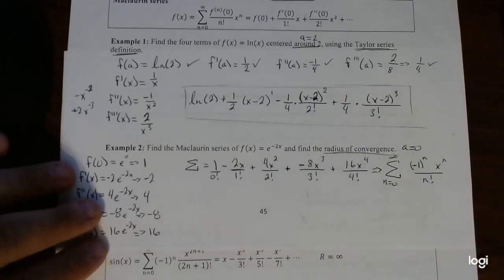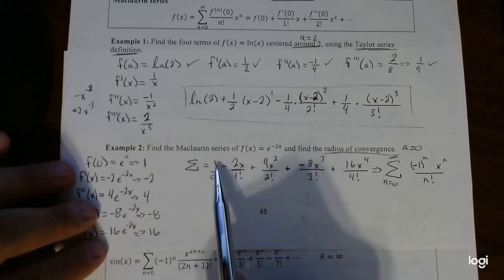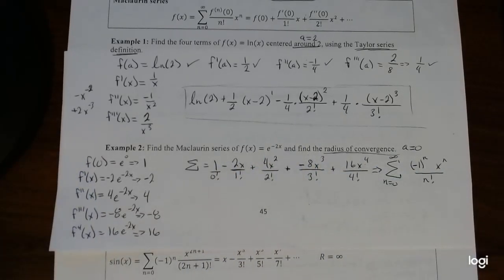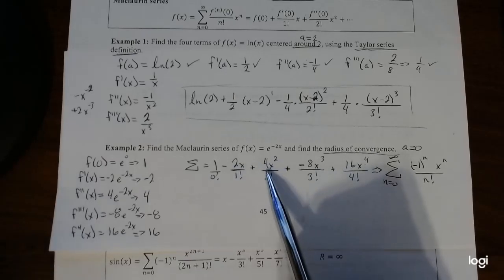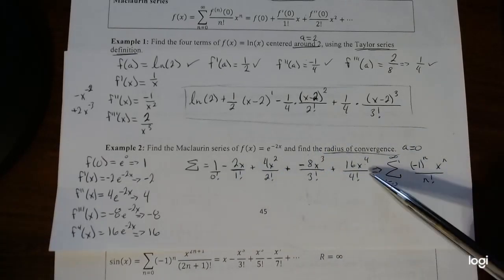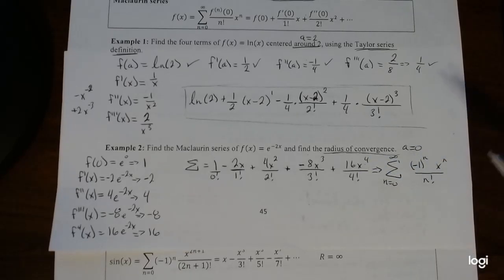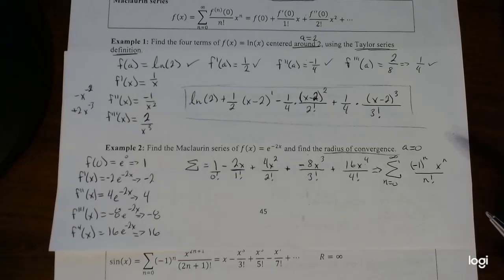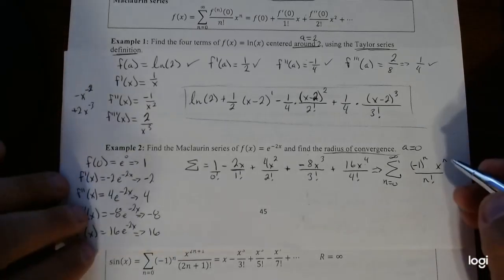So that checks out. Now the last thing is, how do we go from 1 to 2, 4, 8, and then 16? Notice we're multiplying by 2 every single time. 2 times 2 is 4, 4 times 2 is 8, 8 times 2 is 16, so the next one is going to be 32. So we're always multiplying by 2's, which is technically the powers themselves.